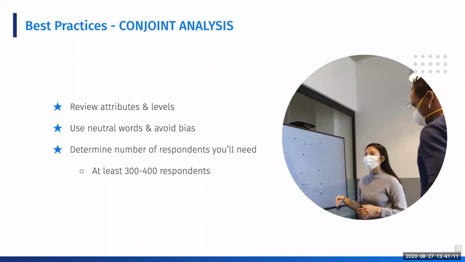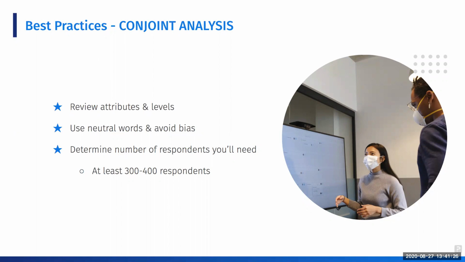Secondly, make sure to choose your words carefully. You want to use neutral words and avoid bias, because what these exercises do is they basically simulate the purchase decisions that your audiences are going to make.